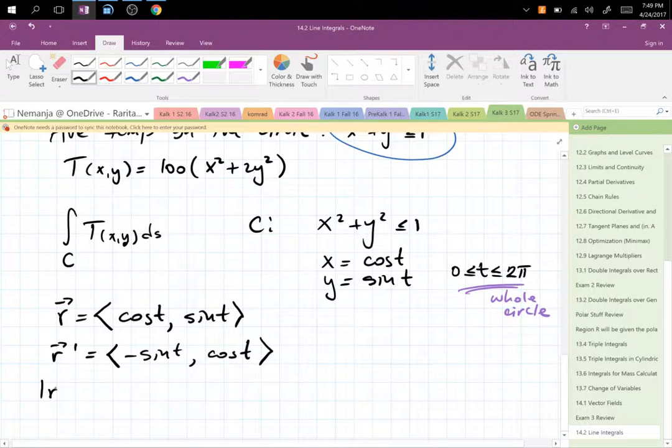And then we find the magnitude, which will just be 1 in this case, I hope.